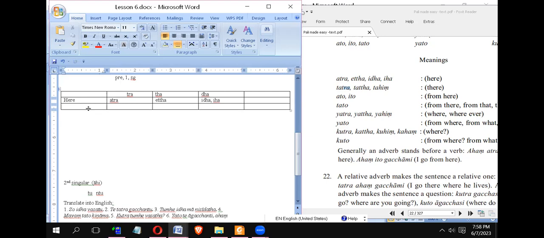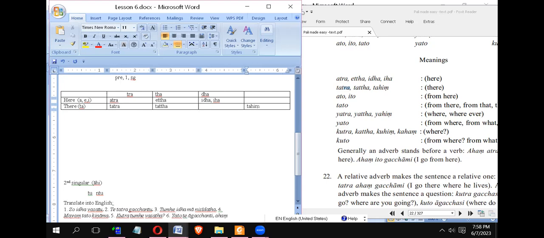Can you all see? Okay, and there with the ta, here with the a or e. So you have the tatra, ta, and then maybe this is tahim.